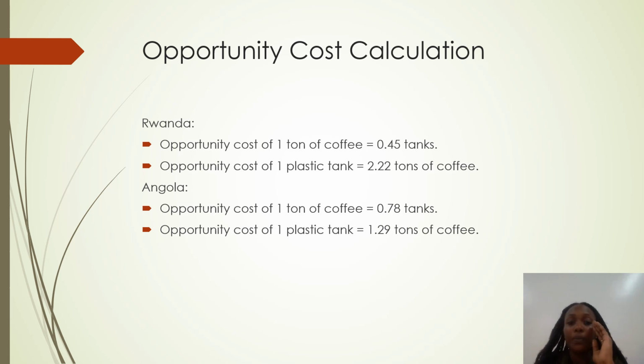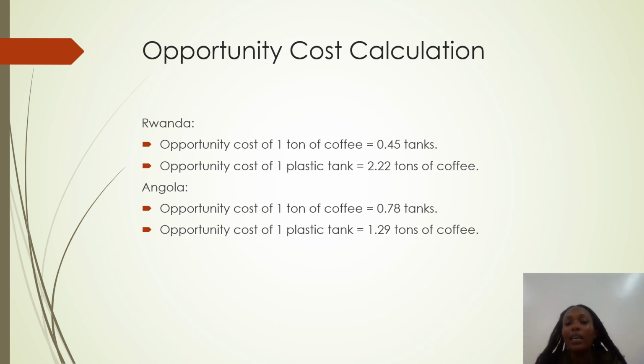For Rwanda to produce 1 water plastic tank, it forgoes 2.22 tons of coffee. But for Angola, it forgoes 1.29 tons of coffee.